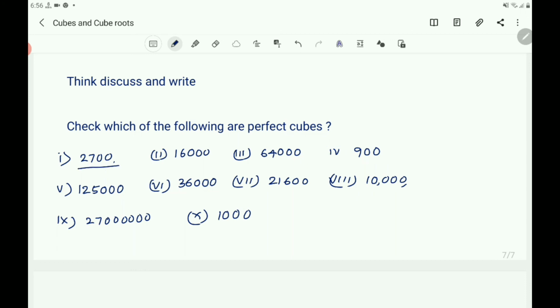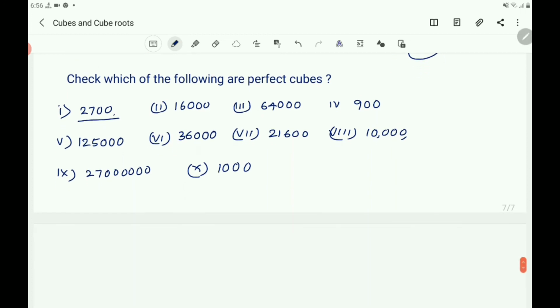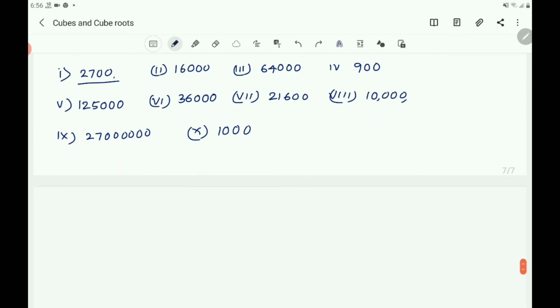Here 2,700 is there. You know that 27 is a perfect cube, but here only 2 zeros are there. If 27,000 is there, 3 zeros are there, then it is a perfect cube. But here 2,700 is not a perfect cube.